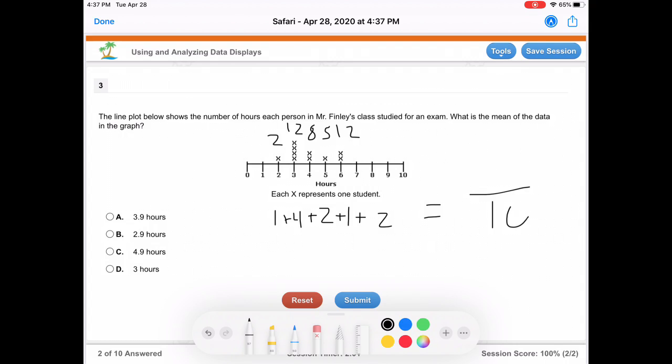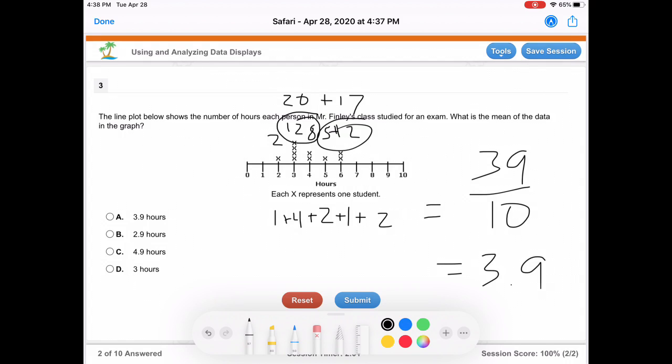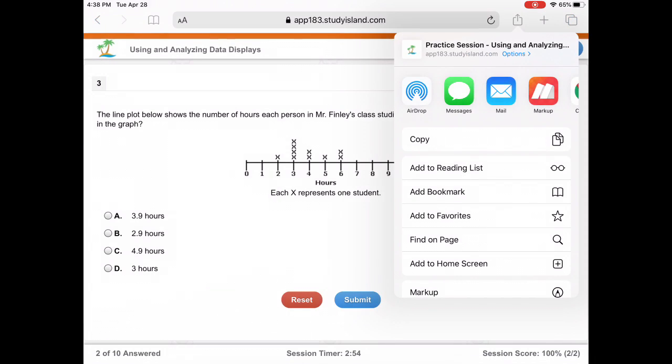So we got 10 students. And then the top part, add 2, 12, 8, 5, and 12. So I'm looking at 12 and 8. That gives me 20. And 5 plus 12 is 17. So 12 plus 17 is 37, plus another 2 is 39. So we've got 3.9 here, or A.